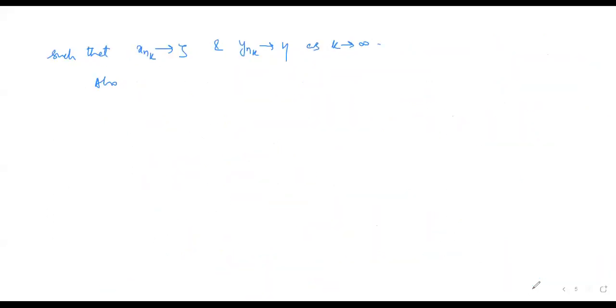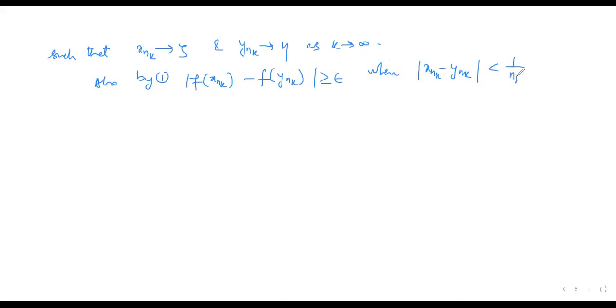So also I should have, by 1, f of xn sub k minus f of yn sub k is greater than or equal to epsilon when xn sub k minus yn sub k is less than 1 by n sub k. Okay, now this is true for all nk belonging to the set of natural numbers.